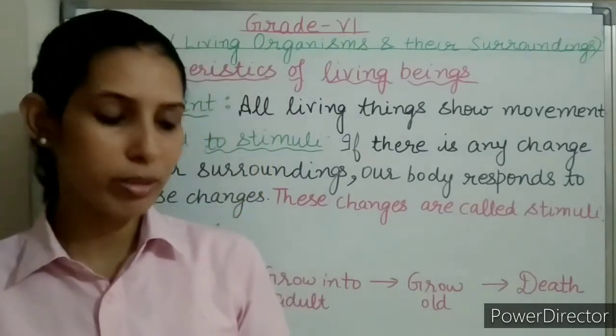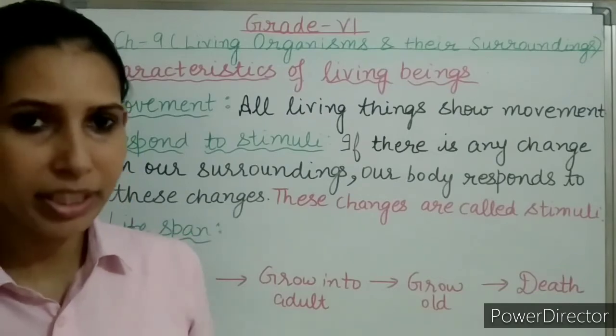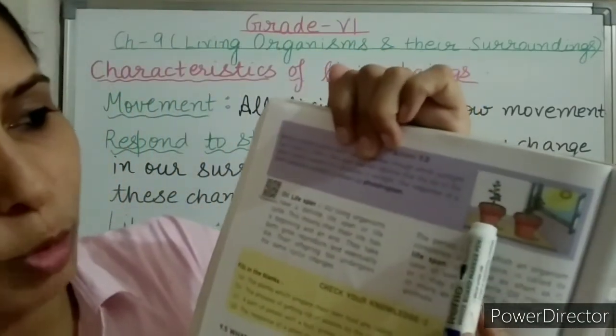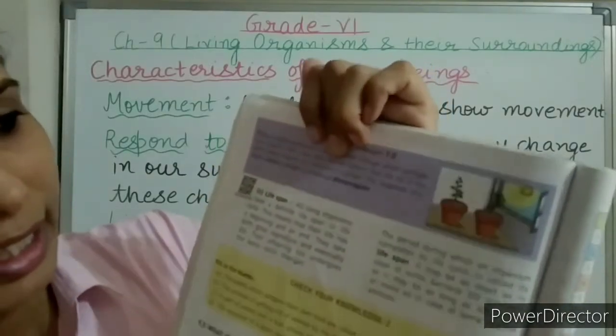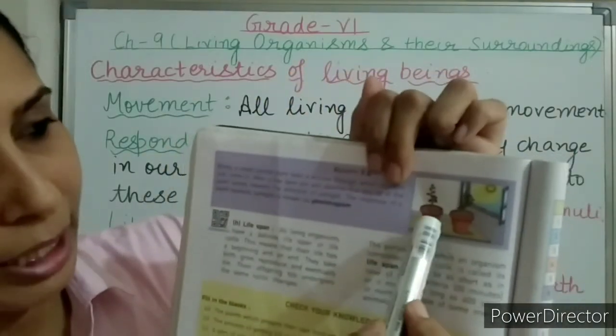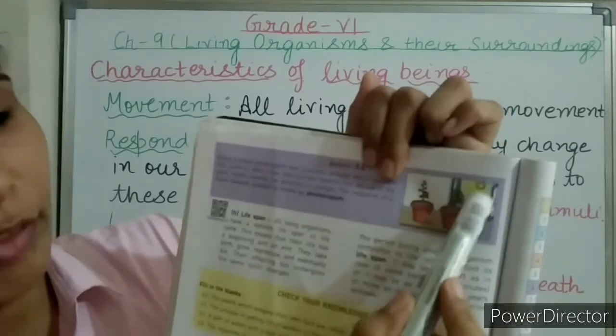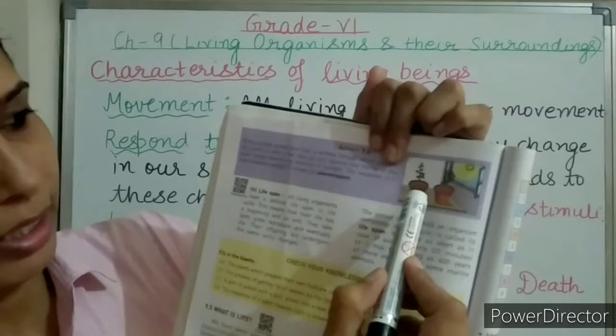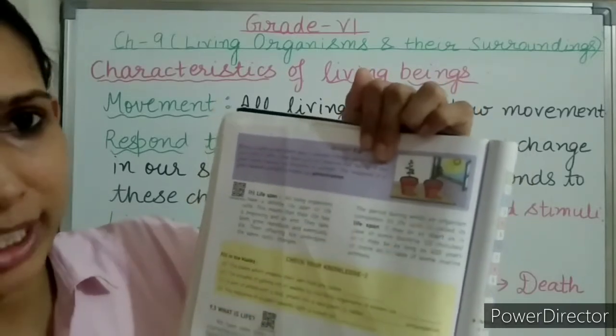In your book, on page number B12, you can see activity 9.8. See here, this is a small potted plant. Keep this potted plant near the window from which sunlight can come. Keep this plant here for a few days.